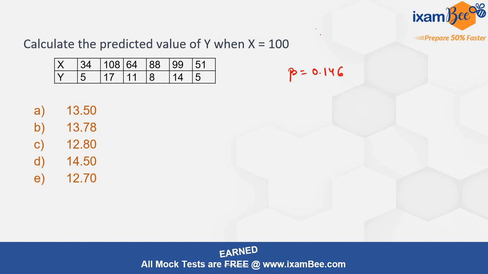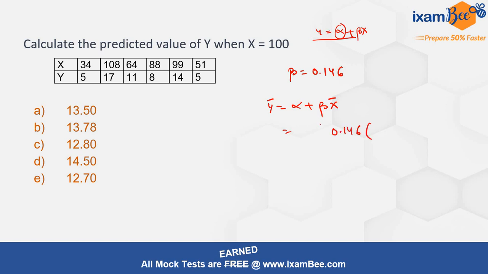Now in the regression equation, it is y is equal to alpha plus beta x. So I need the value of alpha now. How will I get the value of alpha? We also know that the regression equation passes through the mean value. So it will also satisfy this equation, y bar is equal to alpha plus beta x bar. You know the value of beta, it is 0.146.